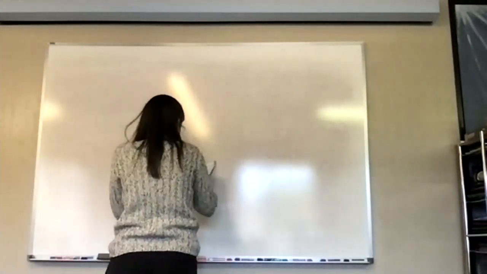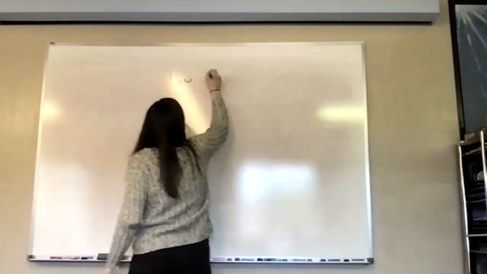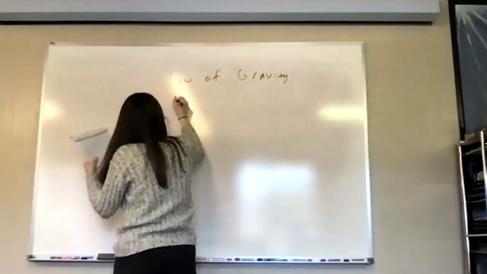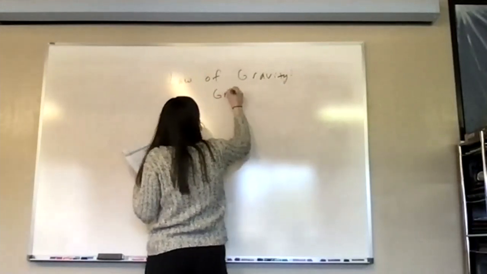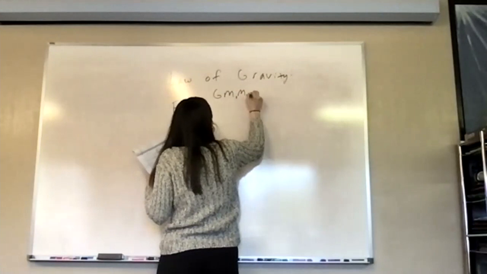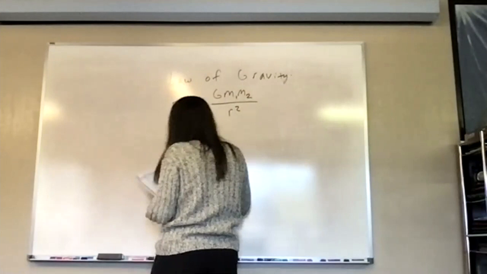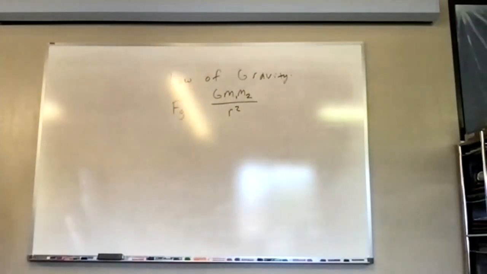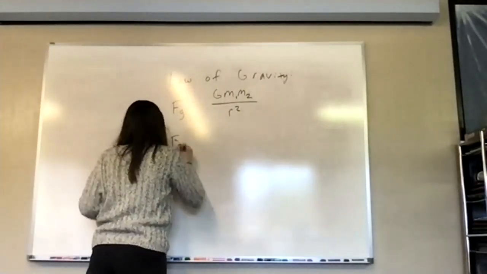Okay, so the law of gravity, which Isaac Newton formulated in the 1700s, is this. So where F_G is the force of gravity.